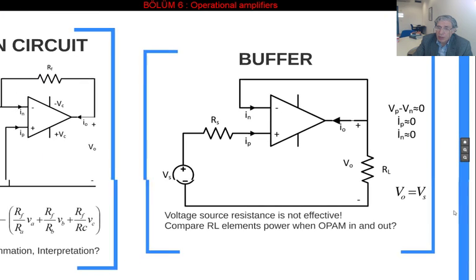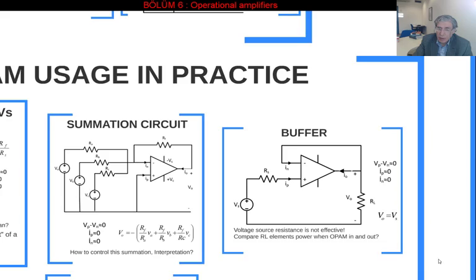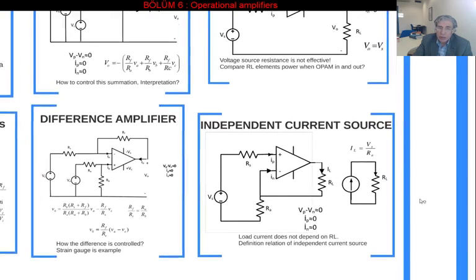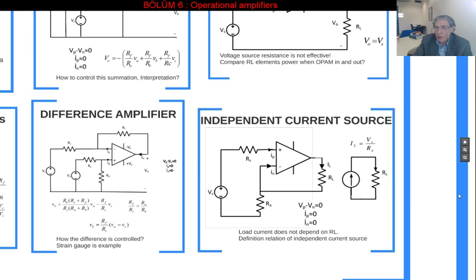And the last application that we're going to see, application of operational amplifier, the last one, is this independent current source. When we were talking about the independent sources at the beginning as the circuit elements, we said there are independent current sources and voltage sources, and we gave the example of the independent voltage source.